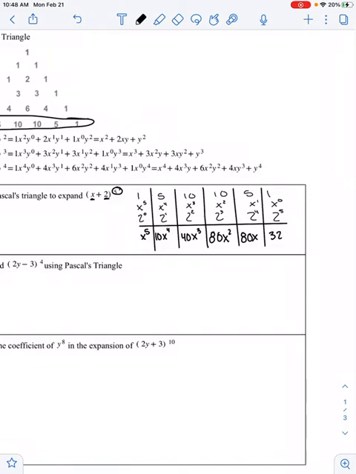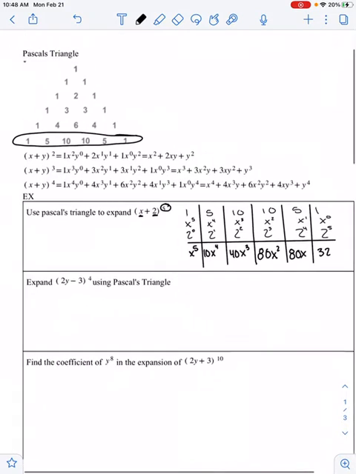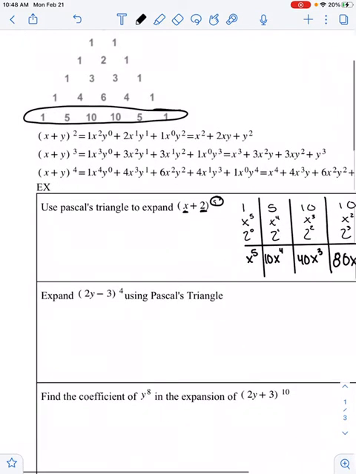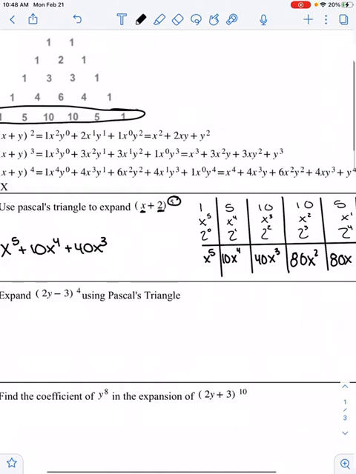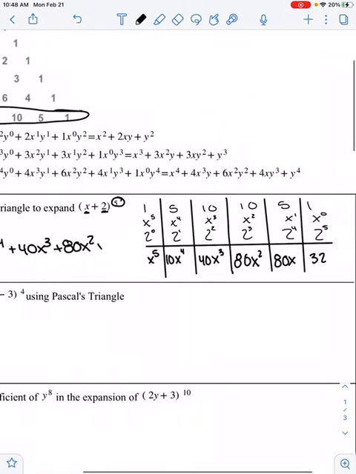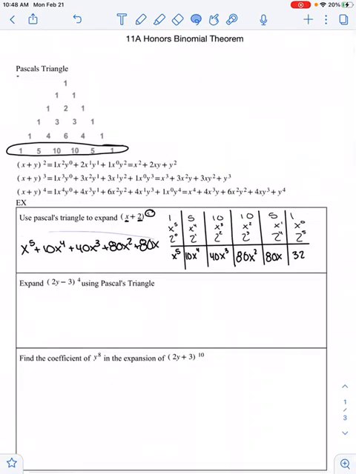Now I add each of those up together. We have no like terms, so that is our polynomial. So x to the 5th plus 10x to the 4th plus 40x cubed plus 80x squared plus 80x plus 32. And that's our answer.